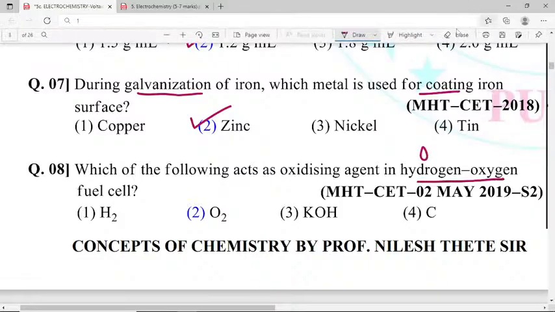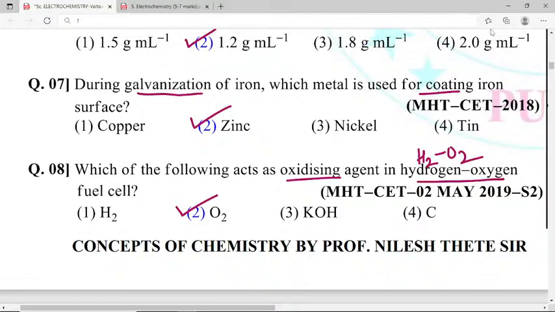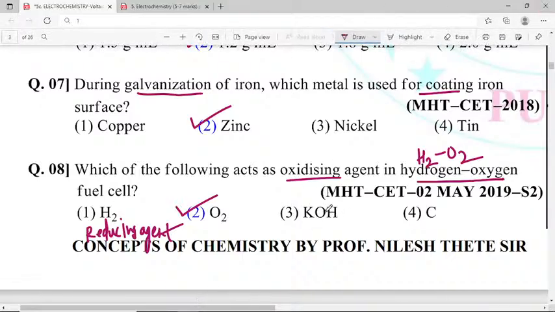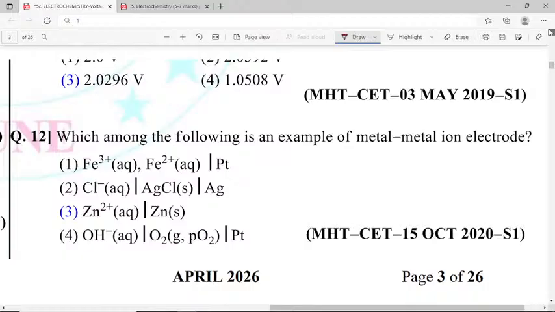In this H2-O2 fuel cell, the oxidizing agent is O2, and hydrogen is the reducing agent. Hydrogen is the reducing agent, oxygen is the oxidizing agent, and KOH is the electrolyte. Simple question. Next question.